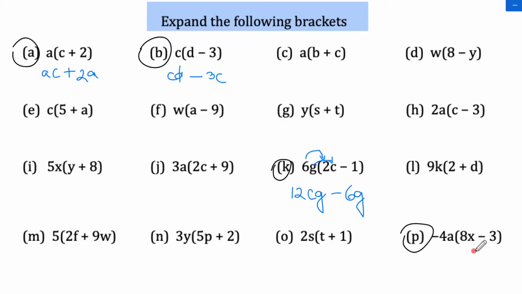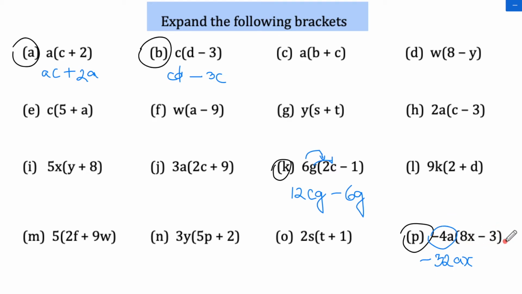And let's look here. This is a bit trickier because you are multiplying a negative number by a positive first, okay? So when you multiply a negative with a positive, you're going to get a negative. So a negative 4 times 8 is negative 32. And then 8 times x is ax. Then you have to multiply a negative with a negative.